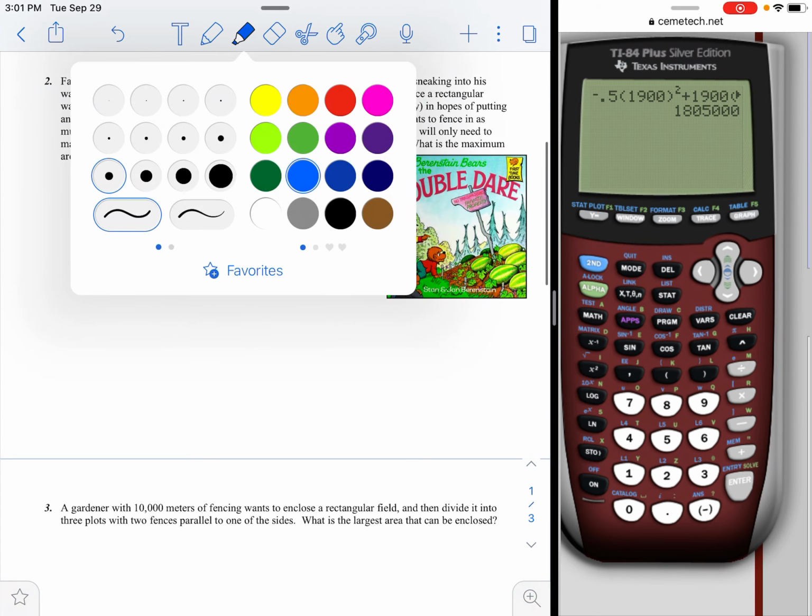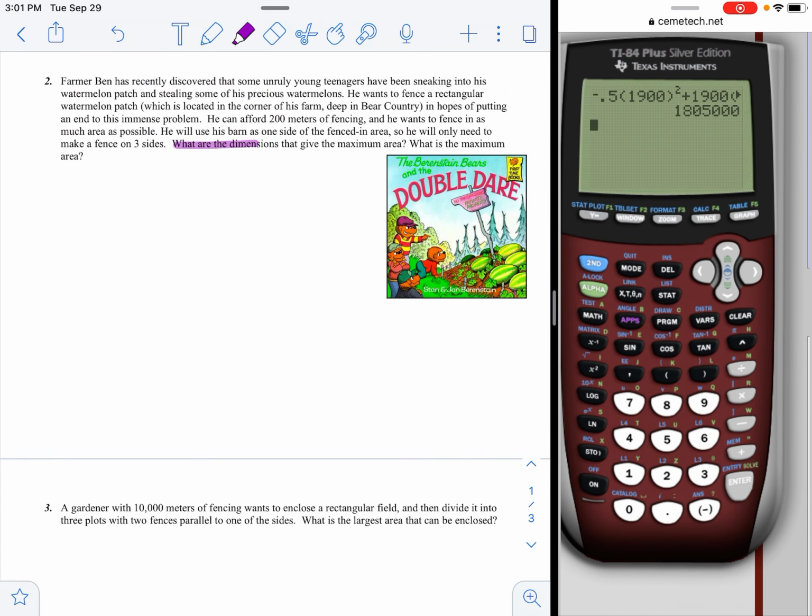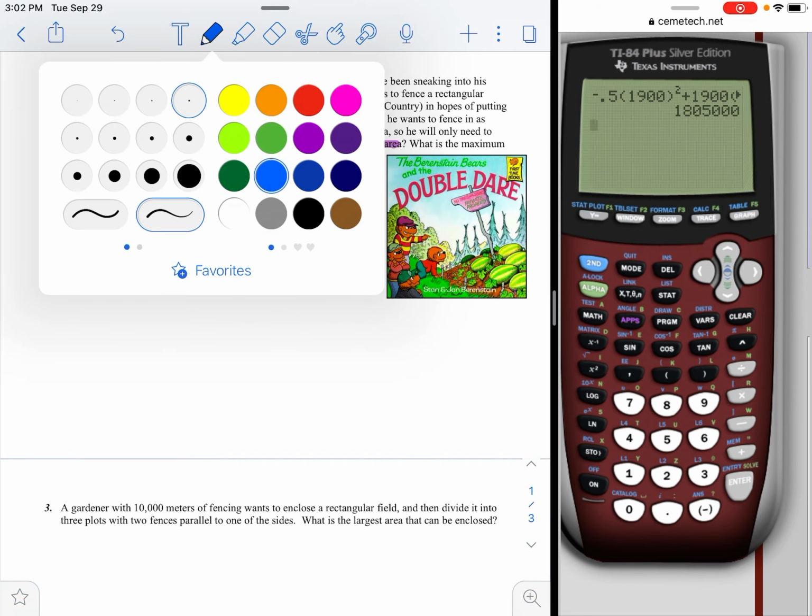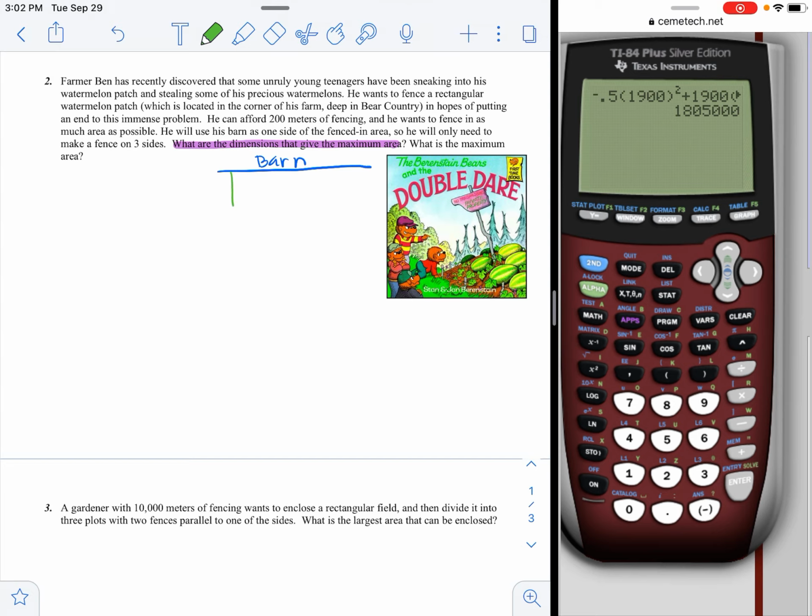So once again, we're going to do the dimensions first, and then we'll worry about the maximum area. Sketch, because I want to make sure that I think about this right. This time we have his barn, and he's going to make a watermelon patch using 3 pieces of fence. So 1, 2, 3.